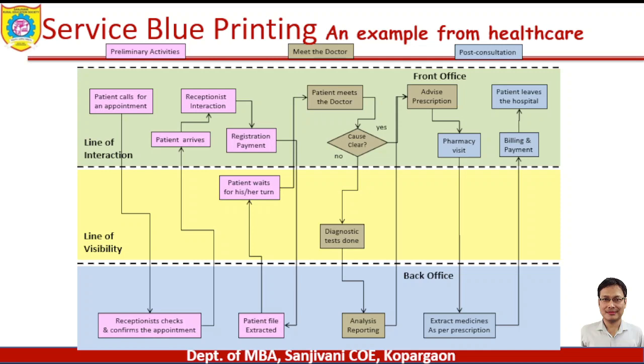Usually, the service blueprinting shows the flow of steps from the beginning to the end, and every step is connected with an arrow. The entire steps and processes are drawn on a plain paper on a single page, or might be on a screen of a computer or a laptop. All the steps can be put together.